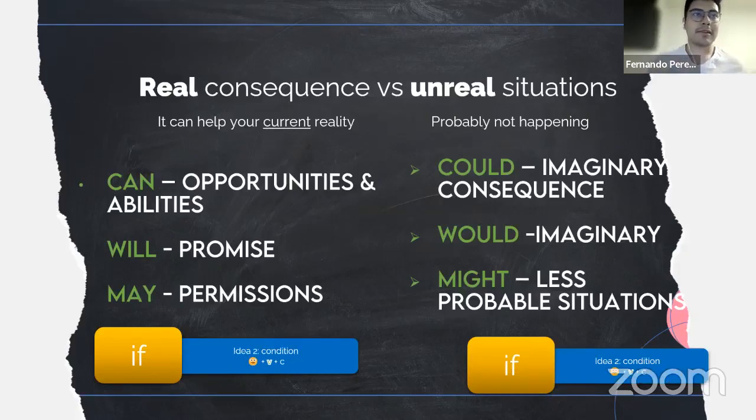When you are talking about a real condition, we are going to use a verb in simple form. This is the principal idea.